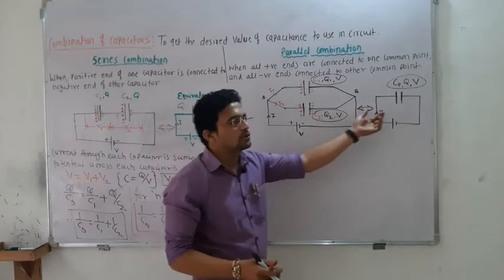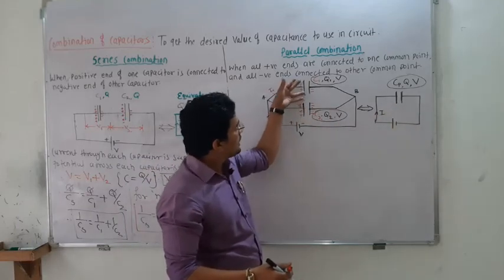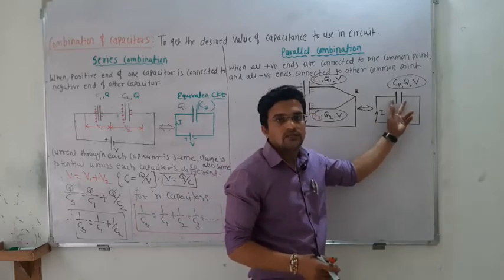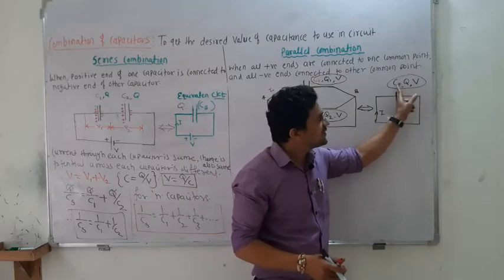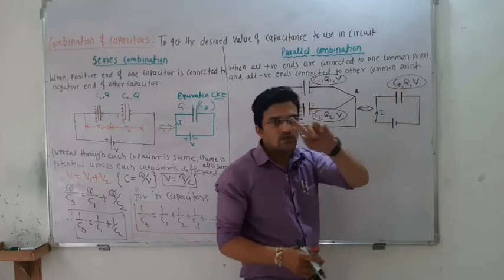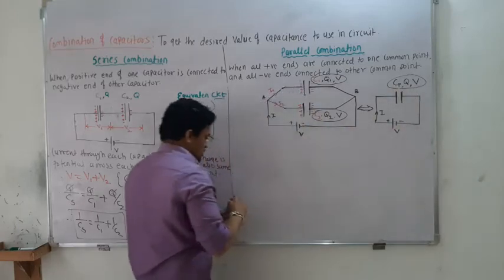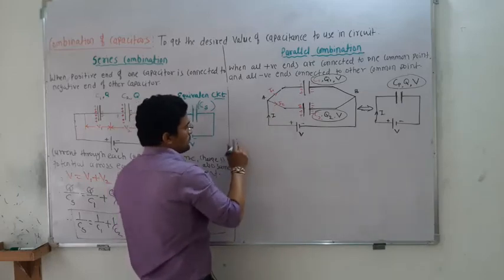So what is the meaning of this equivalent circuit? Whatever work is done by these two capacitors can be done by this one capacitor. The value of that capacitor is nothing but Cp, which you have to find out. So I will mention here V, positive and negative, as per this diagram.